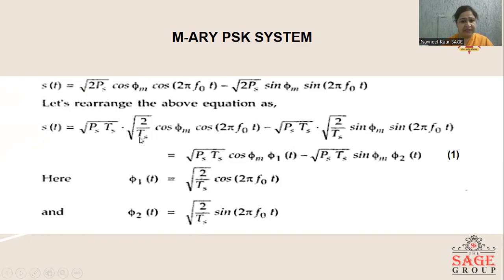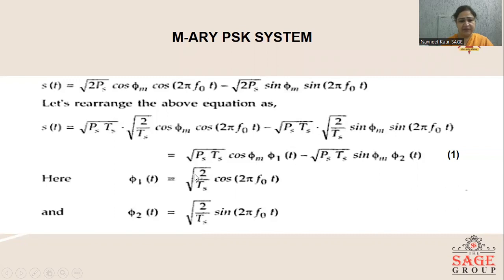We will multiply and divide these terms by root TS. Now here we will have root Ps TS, root 2 upon TS cos phi m cos 2 pi f naught t. Similarly, in second term also, we have multiplied and divided by root TS. And we have rearranged the terms and we have got this equation.